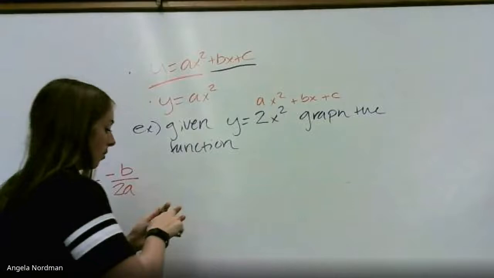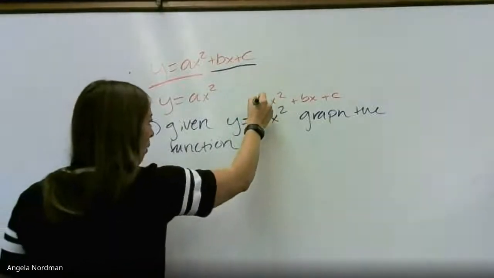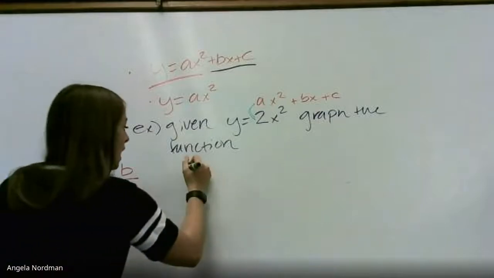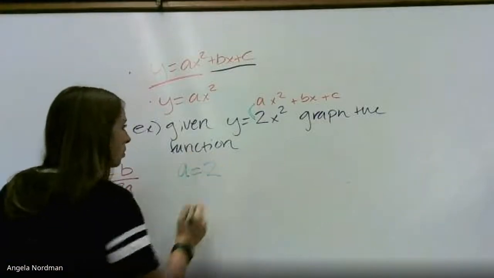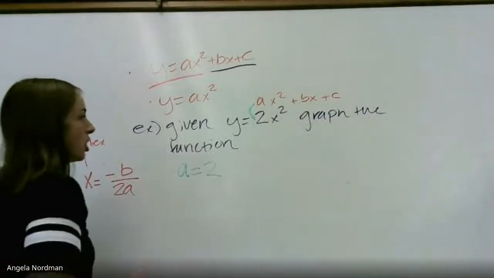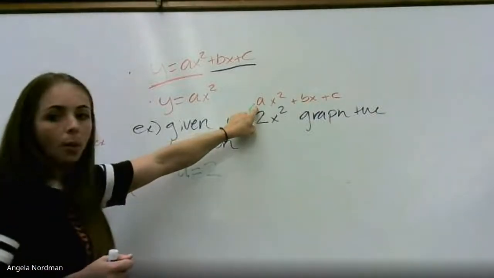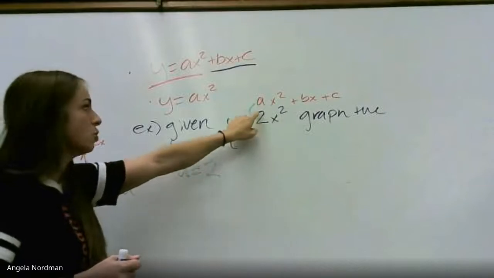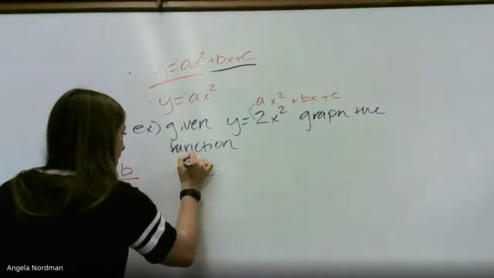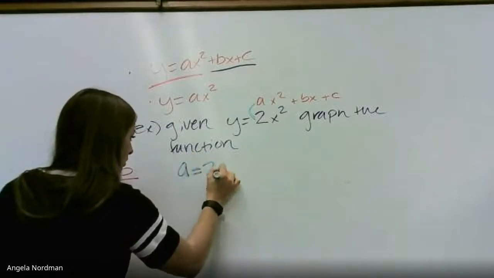If we match up our a with our currently given function, I'm seeing that a equals 2. Again, I'm just finding this by matching up what I'm given with what I know about standard form. So this 2 matches up with where that a would be in my standard form, meaning that my a equals 2.